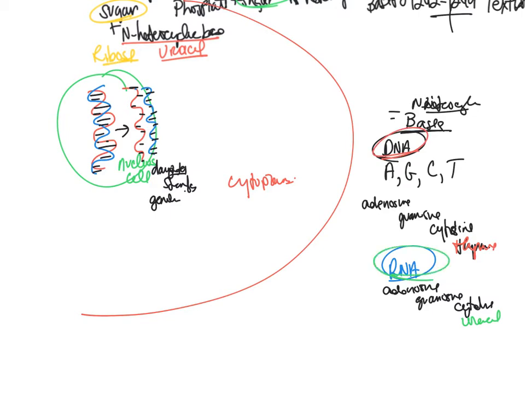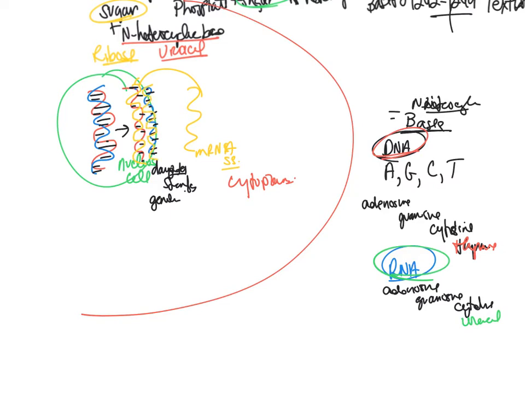So those bases, what happens is messenger RNA, so we have a messenger RNA, which is single-stranded, SS, single-stranded, can come into the cell and it can make the double helix here.